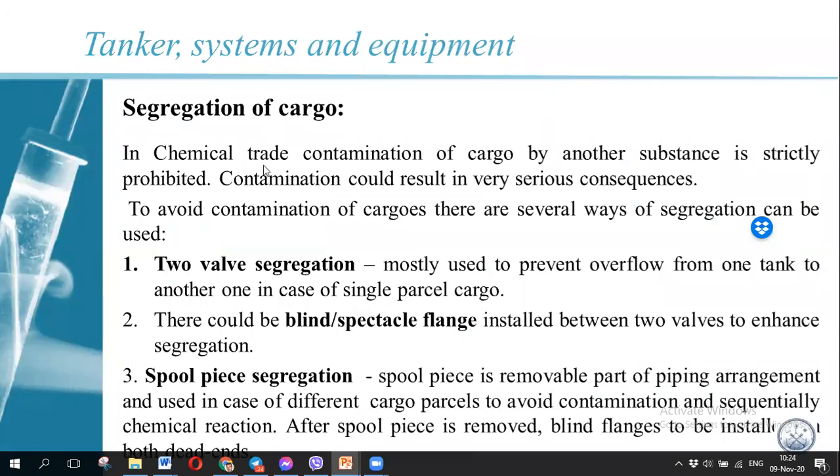Now, segregation of cargo. In case you have to load different types of cargo, let me say benzene and diesel, if you do not segregate the two types of cargo during loading or during transportation, you will bring spoiled, contaminated cargo to the port of discharge. Remember this word, contamination.